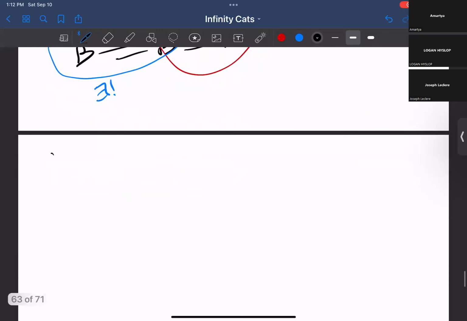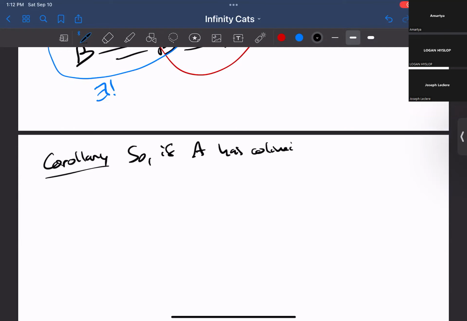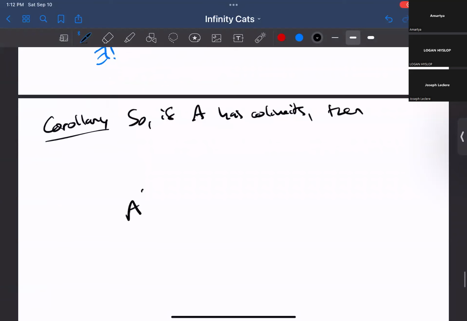All right, well, what does this mean? So if A has colimits, then A to the J is equal to A to the J. Here we have A, this is our diagonal functor.